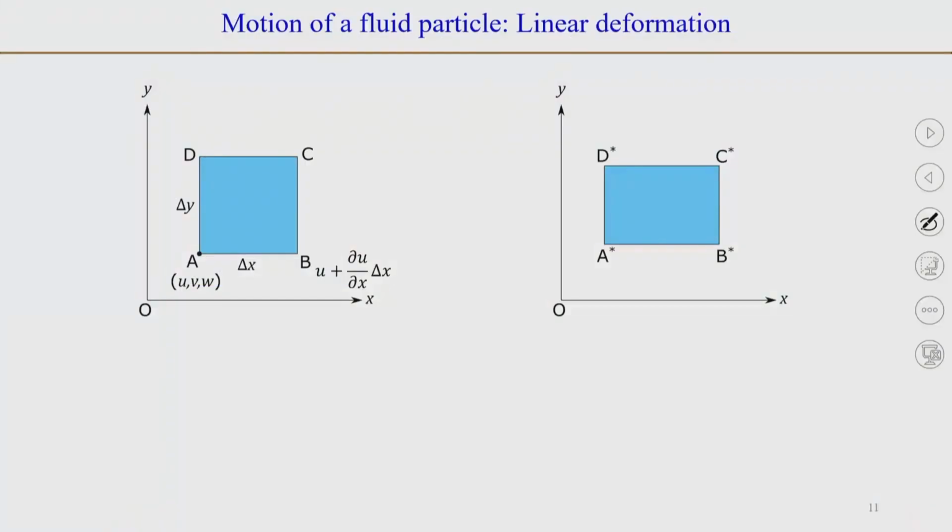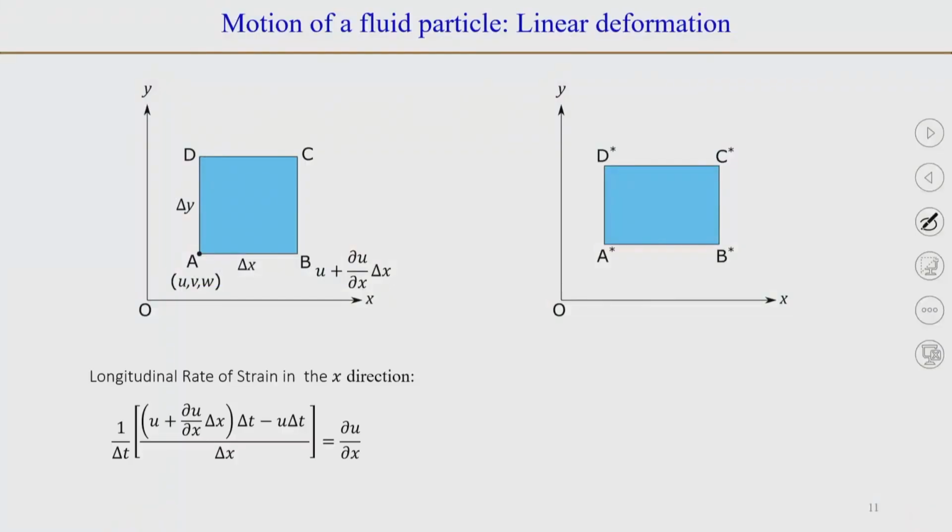So, let us say we see the fluid element at time t, and let us say it has gone through some linear deformation at time t plus delta t. Then we can see the shape of the fluid element remains a rectangle.